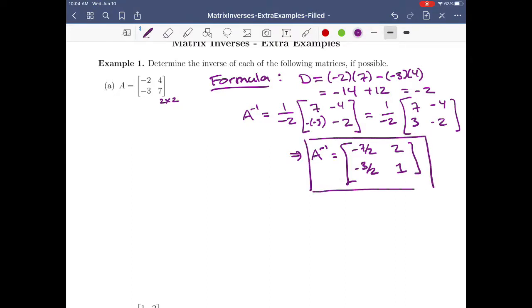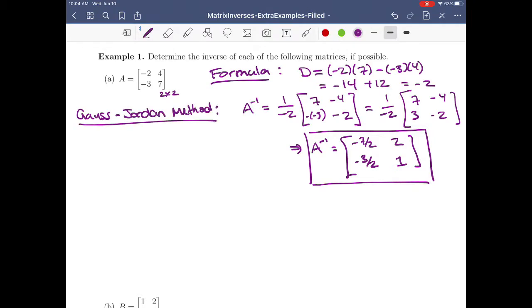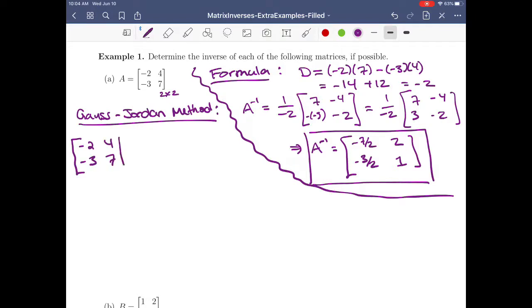I'm going to also do this using the Gauss-Jordan method, so we can practice that. So when we're doing the Gauss-Jordan method, we take A and we augment it with the identity of the same size.